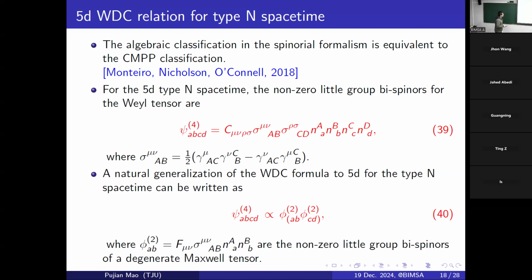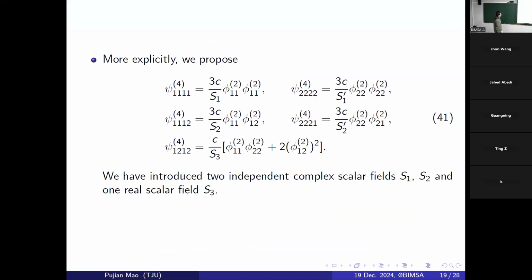And this is proportional, not exactly equal, because in 5D you have more components. You have to introduce more scalar fields in this way. Here we propose to use 2 complex scalars plus 1 real scalar to realize a 5D Weyl double copy relation.